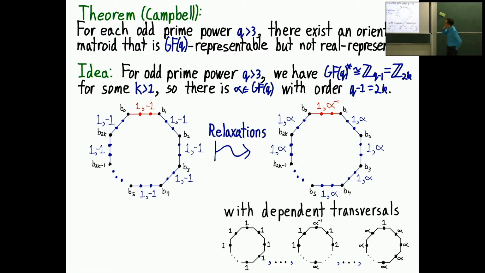So we've done a whole bunch of relaxations from something that had an orientation. So this will still have an orientation. But because this algebraic condition is only satisfied over GF(q), but not the reals, this is GF(q) representable, but not real representable.